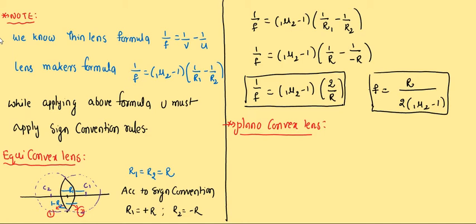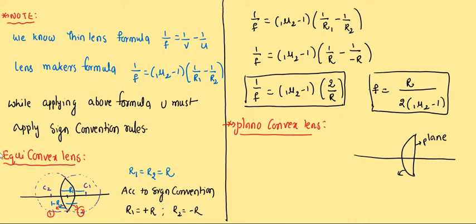Look here. One side is plane. This is the plane. On the other side, the convex surface is there. Let us take this as the principal axis.